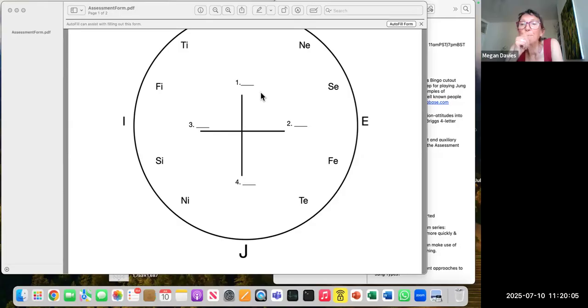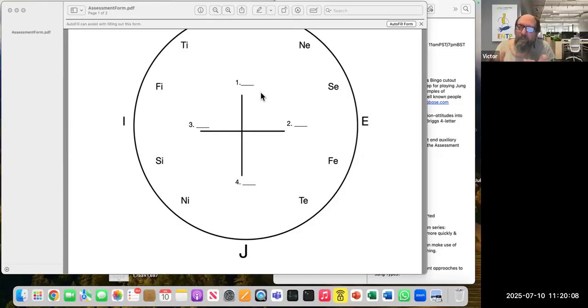Basically, for those people who operate with the feeling function, the relationship is what is valued. So harmony in relating, that's what's valued. The thinking function is about being correct, but it's a different process.